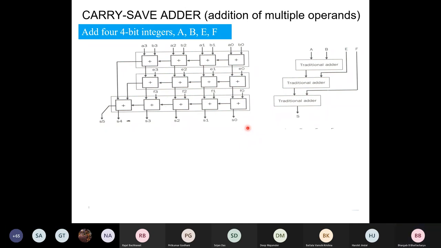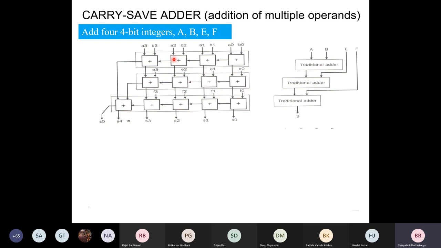So if I have to add four numbers, each 4-bit wide, using the traditional adder, this is how I should interconnect the whole thing. It's just replacing each traditional adder by a ripple carry adder and interconnecting the sum and carry lines accordingly to the next stage.